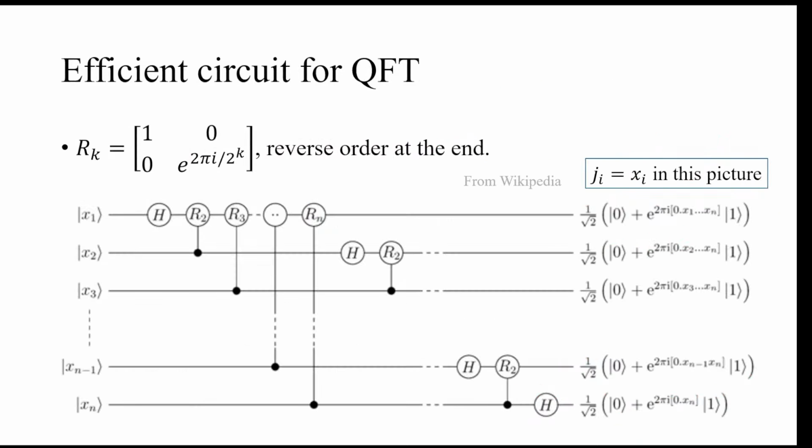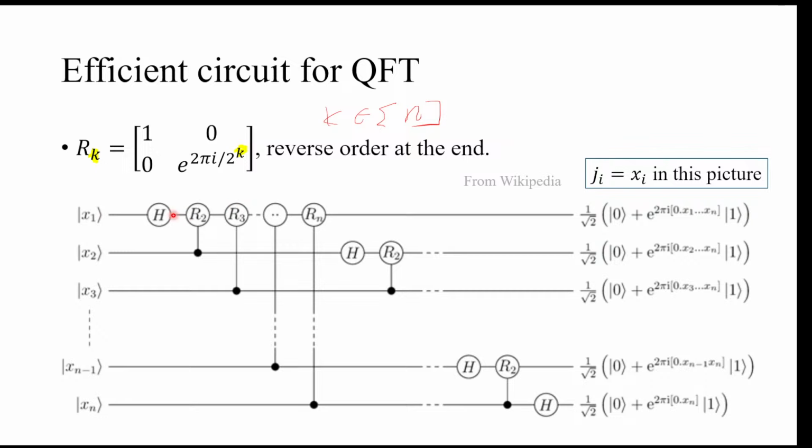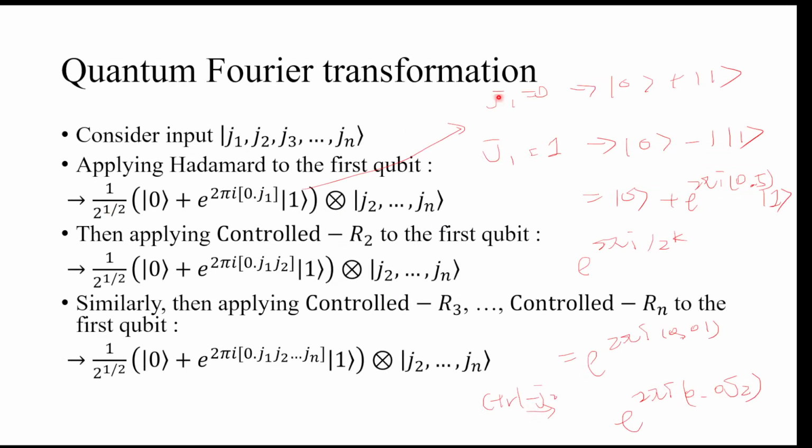So first you apply this Hadamard here, and Hadamard gives you actually not 0 plus 1, but 0 plus minus 1 to the x1, 1. Because j1 equal to 0, you have 0 plus 1, and j1 equal to 1, you have 0 minus 1. Here we are ignoring all the square roots, so it's a bit easier to write.